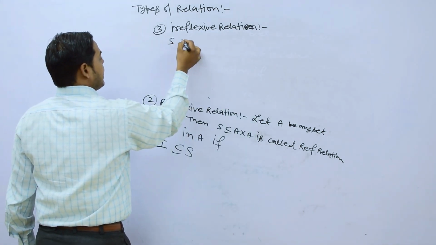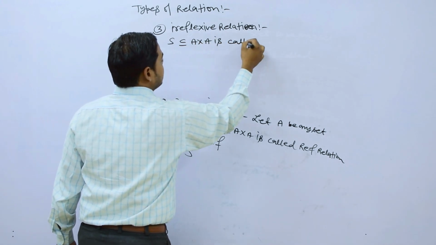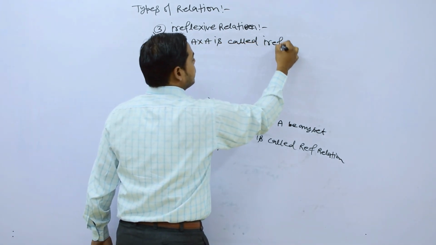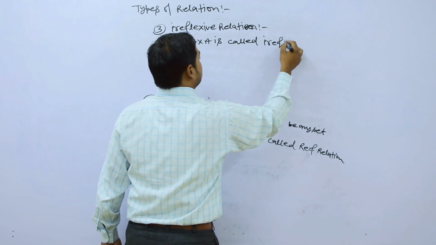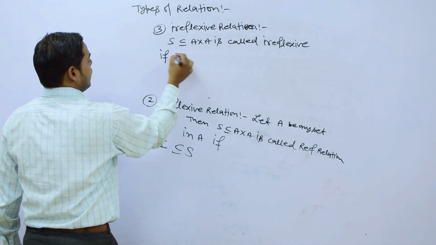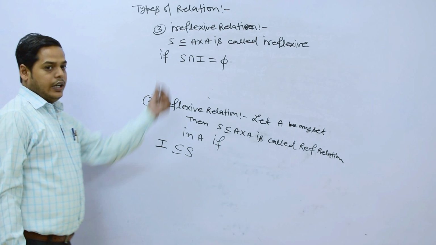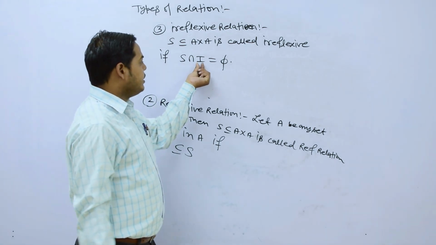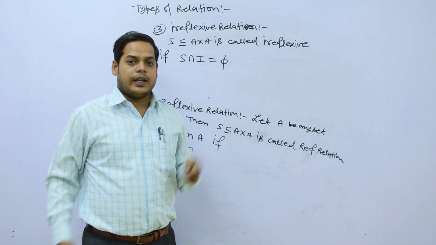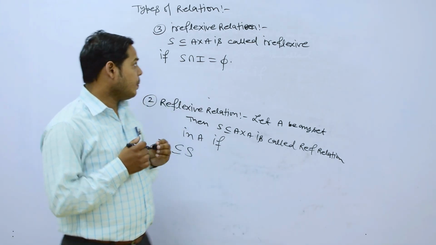A subset S of A cross A is called irreflexive if S intersection I equals phi, which means its intersection with the identity relation is empty, or with the identity relation it is a disjoint set.